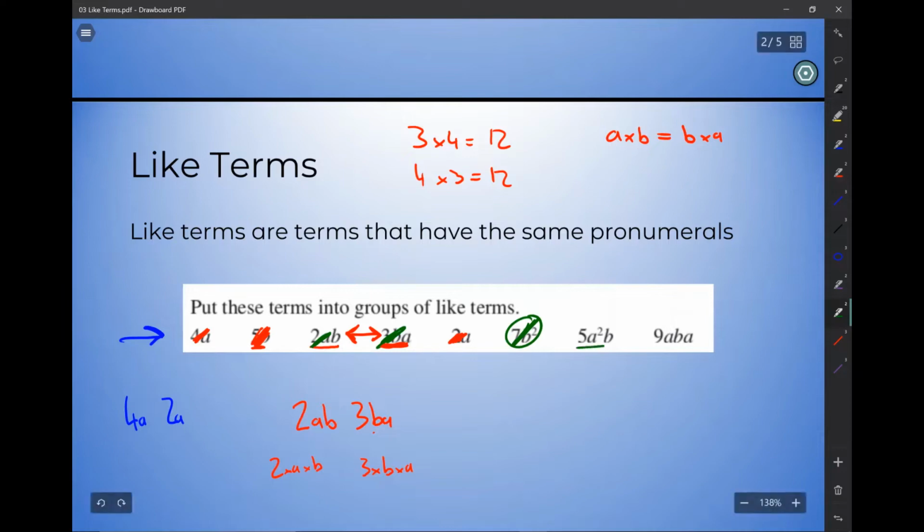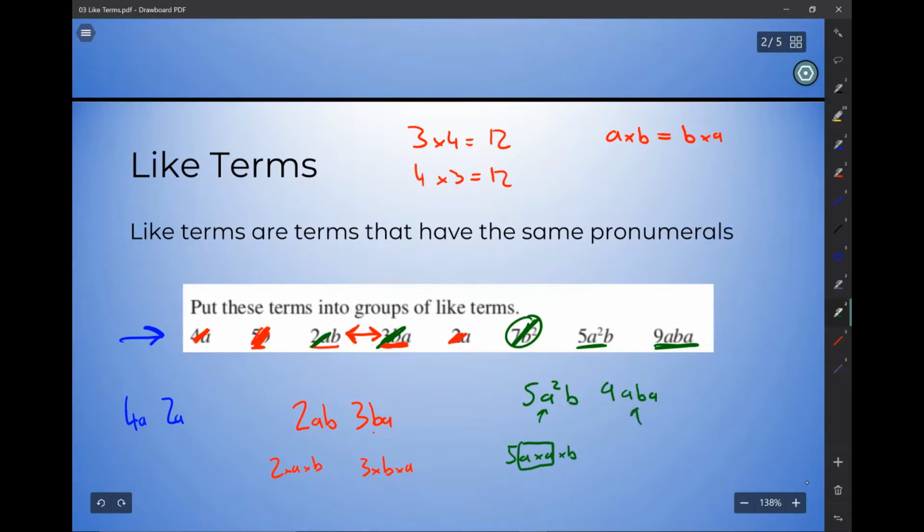Now, are these last two terms like terms? Yes, they actually are. 5a squared b and 9ab are actually like terms, because remember, when we write this out, we get 5a times a times b. That's what a squared means. It means a times a.